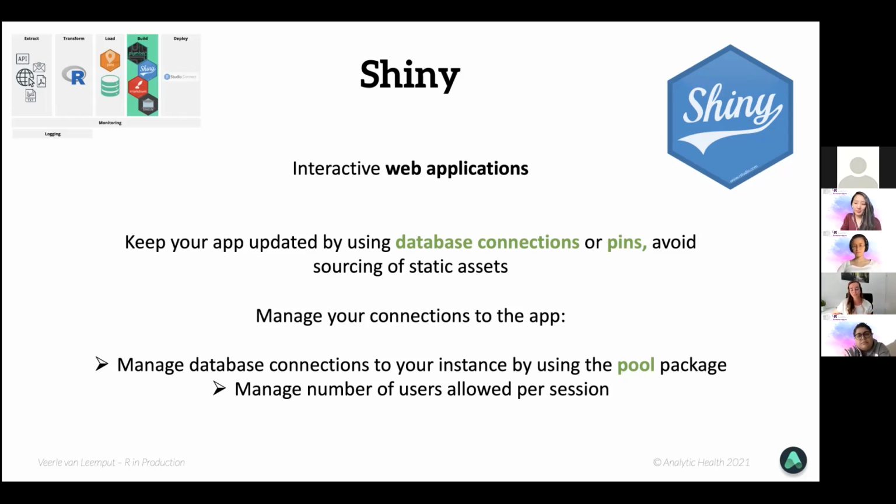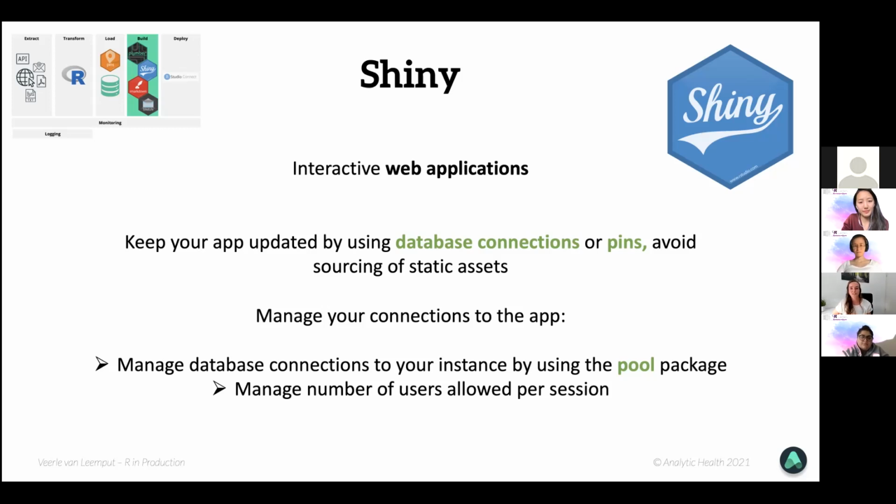And obviously, when we started with the company, we did that too. We all started somewhere. We basically redeployed our app every week, because then there was new data available. Luckily, we had found a way to productionize that process. But I think it's key, if you want to have a production grade Shiny application, that you think about how your data is going to get into your app, and how you keep that data updated.